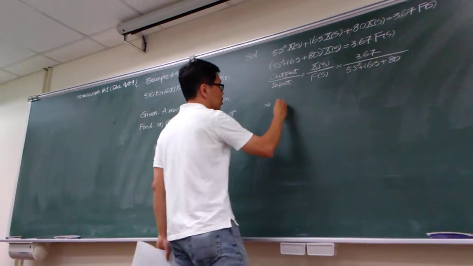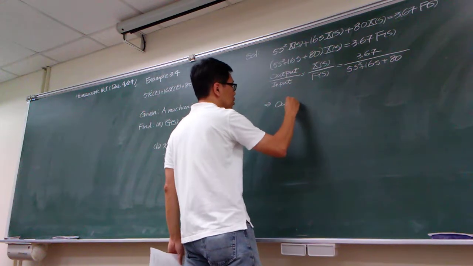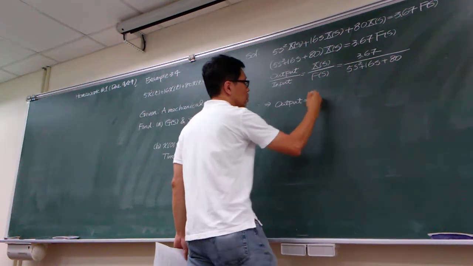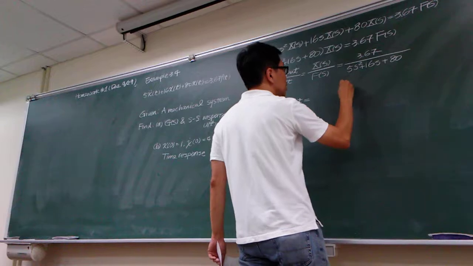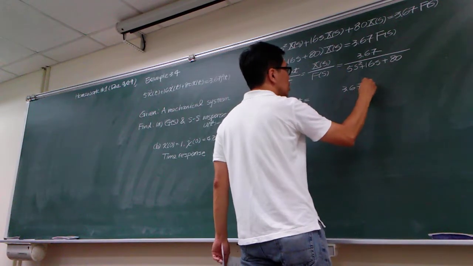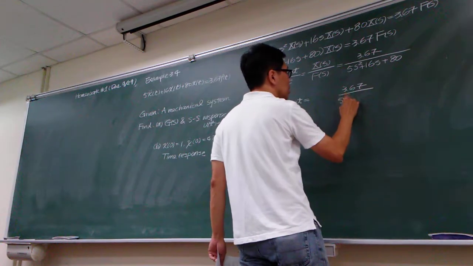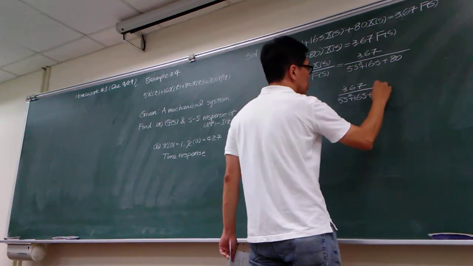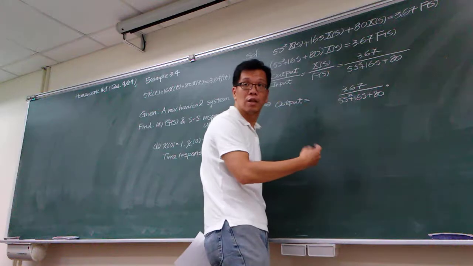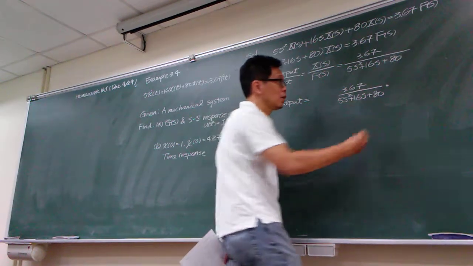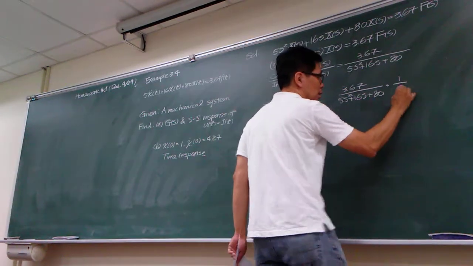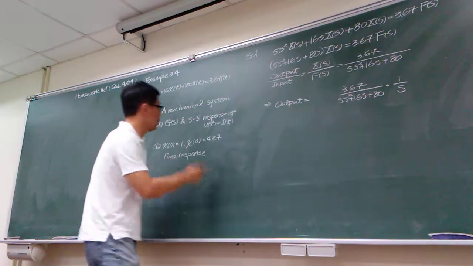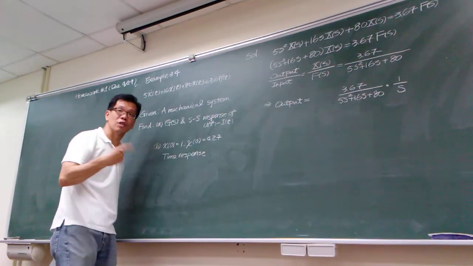My output is going to be multiplied by what? Unit input, 1 over s. I'm talking about steady state. So which zero should I use?